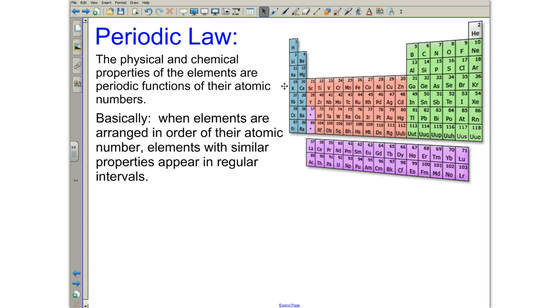And that is thanks to the atomic number, because all of these elements, based on their atomic number, each have one valence electron, which causes them to have similar properties. Each element in this group, because of the function of their atomic number, has two valence electrons, which gives them specific properties as well. So when elements are arranged in order of their atomic number, they have similar properties that appear in regular intervals.